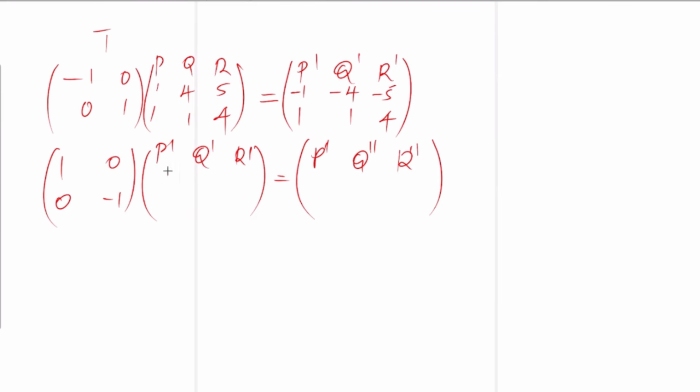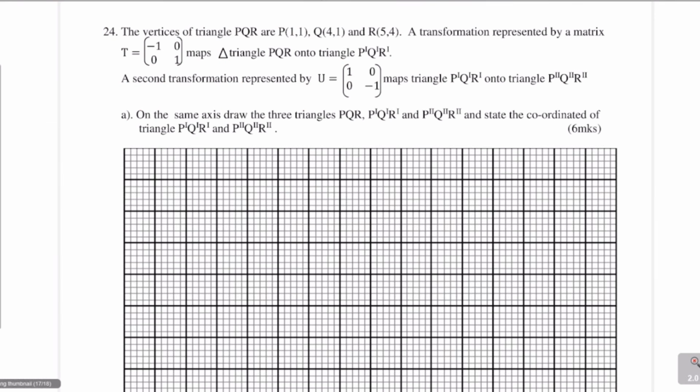So these are -1, 1, -4, 1, -5, 4. This is matrix U. So when you multiply these, you should get -1, -4, -5, and then the second row is -1, -1, -4. Now you have the images.